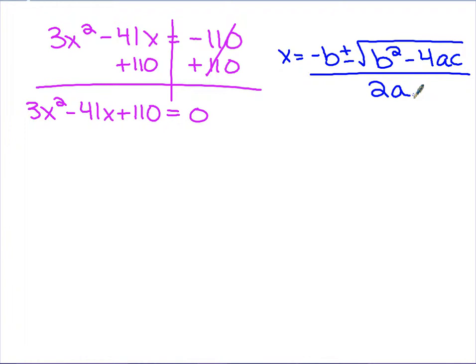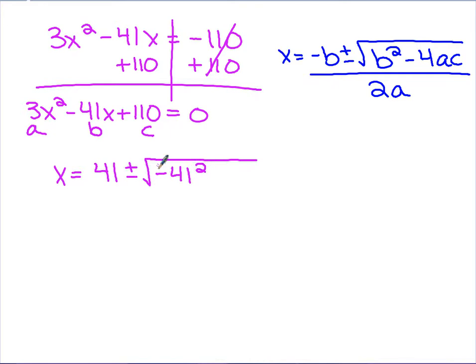Okay, so let me go back to purple. So this is A, this is B, this is C. So according to the formula, negative B. Well, interestingly enough, the 41 is already negative. So when I write him, I'm actually going to make him positive. In the radical symbol, B squared. So negative 41 squared.